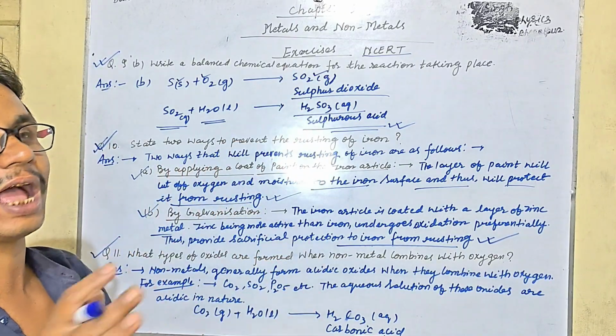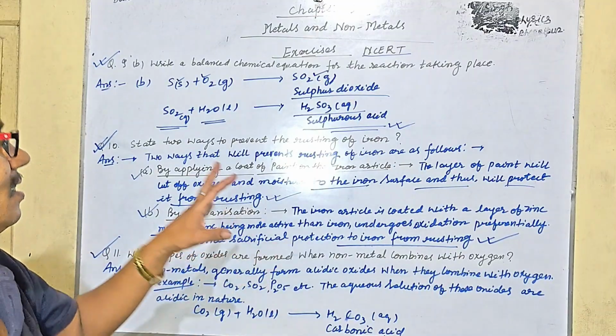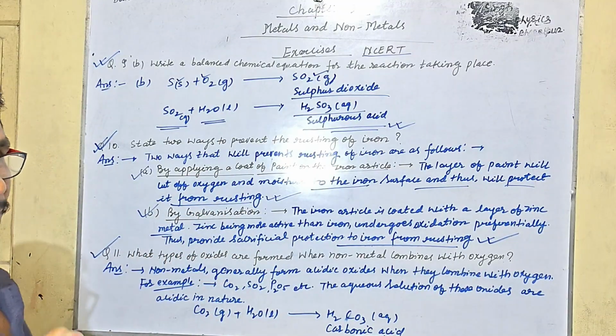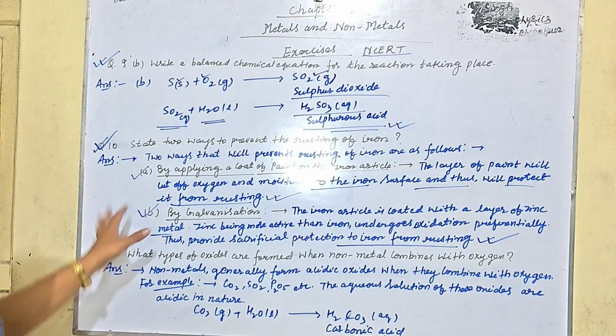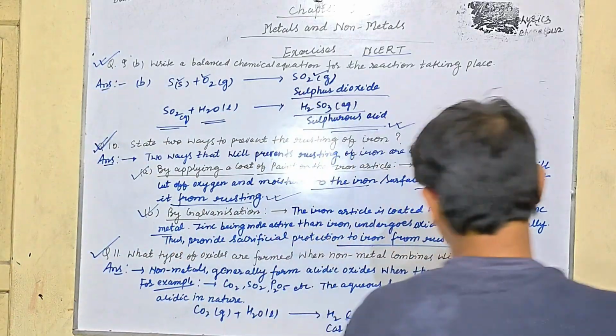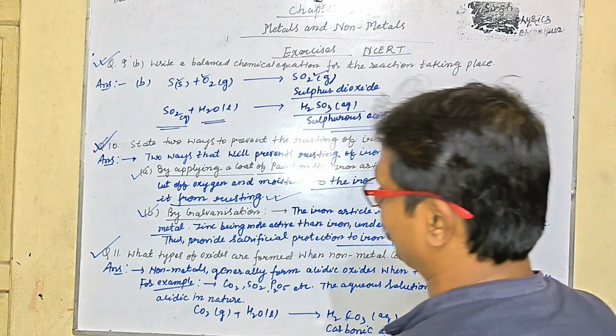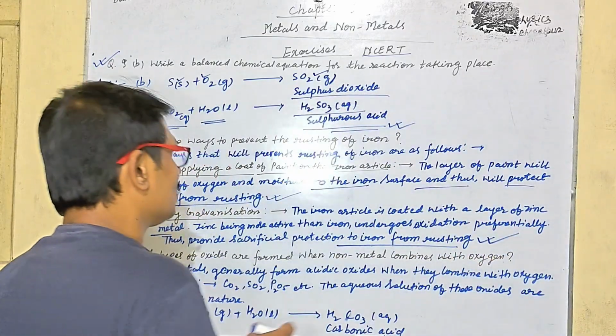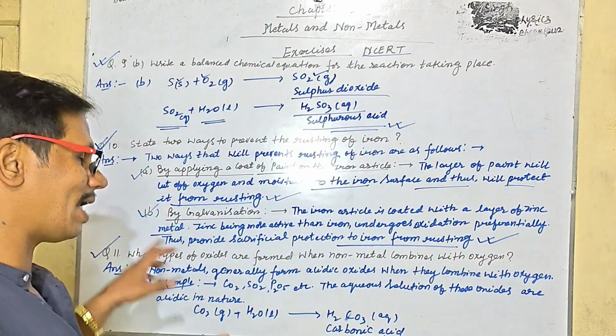I am going to complete chapter 3 in one or two videos, because we are discussing the NCERT questions. These NCERT questions are important from the examination point of view. So my dear students, let's move to question number 11.